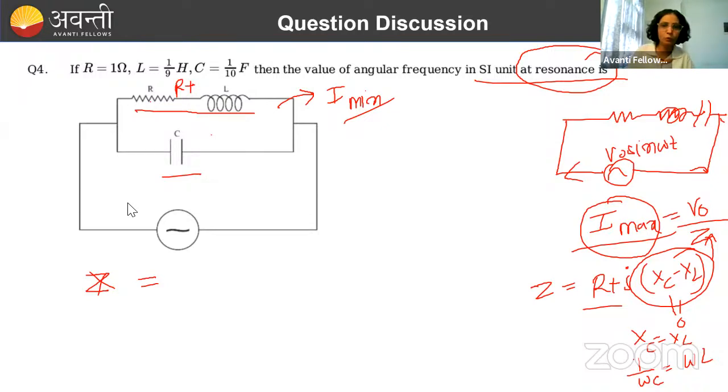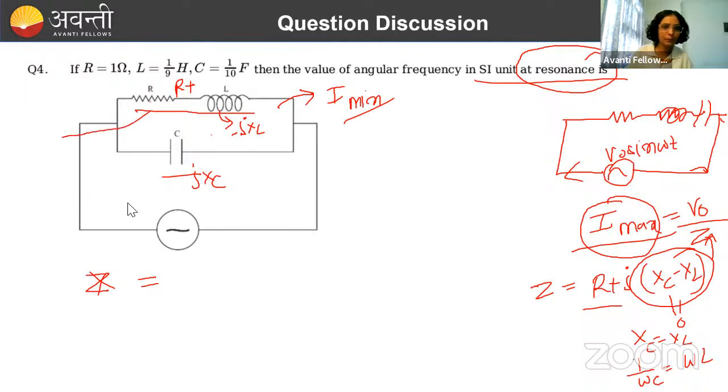Now what we need to do? Here, the reactance of the inductor, you will be writing as minus i XL, as I discussed yesterday, and here it will be i XC. So we have to combine R and L in series first.